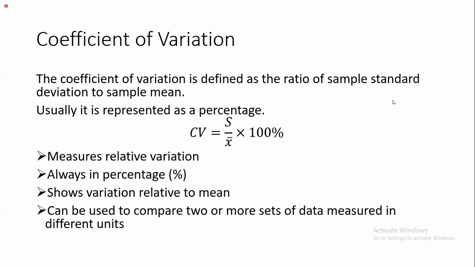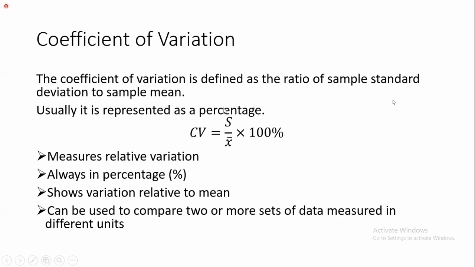If we have a sample, using that sample we can find the coefficient of variation to compare 2 or 3 data sets. So it is defined as the ratio of sample standard deviation to the sample mean times 100.